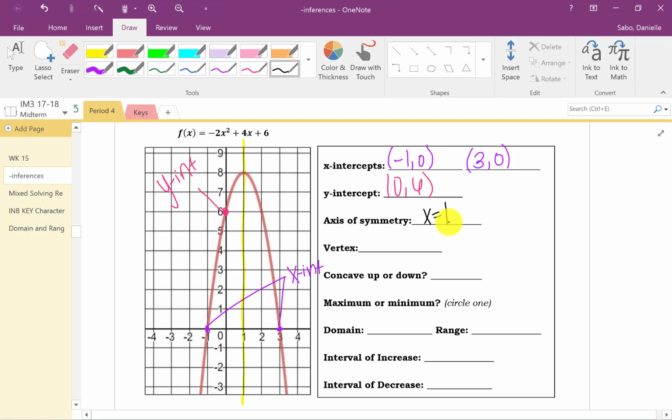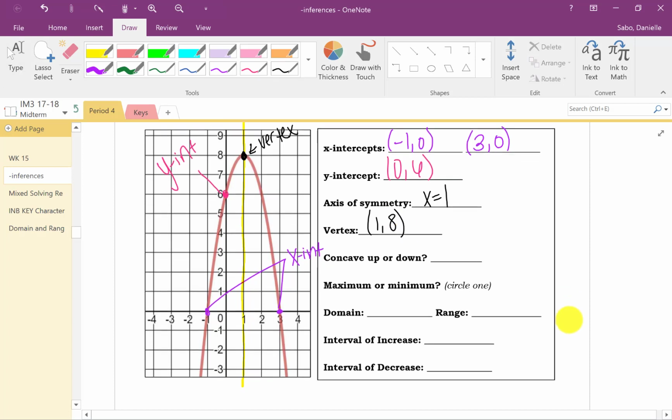So speaking of the axis of symmetry, because it goes with the vertex, our vertex is at 1 something, because here is your vertex. That looks like that max value. So my vertex is right here, and that's going to be at 1 comma 8, because I go right 1 and I go up 8.